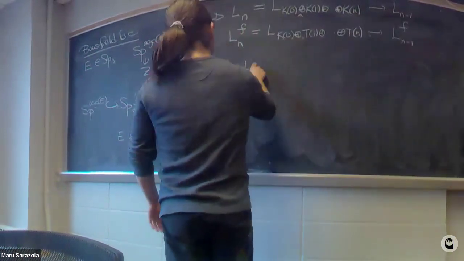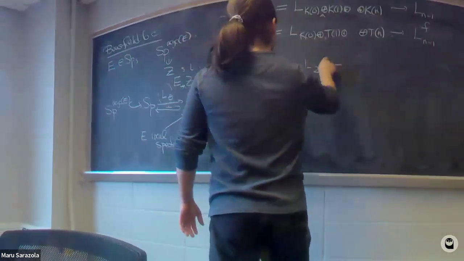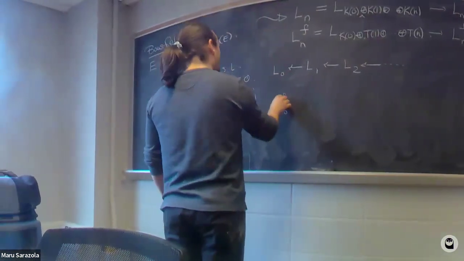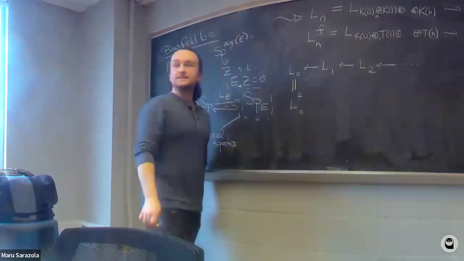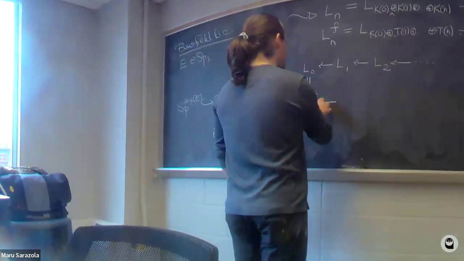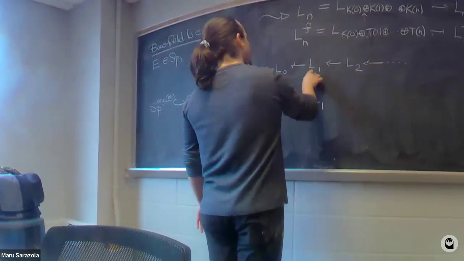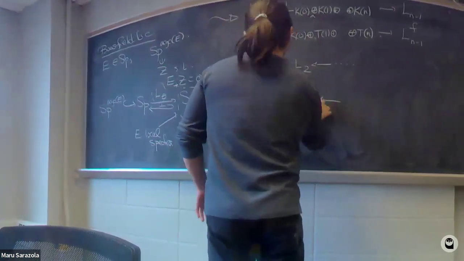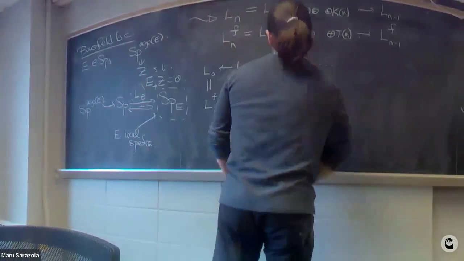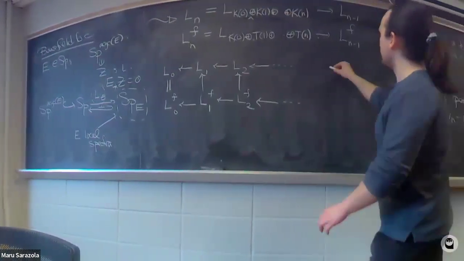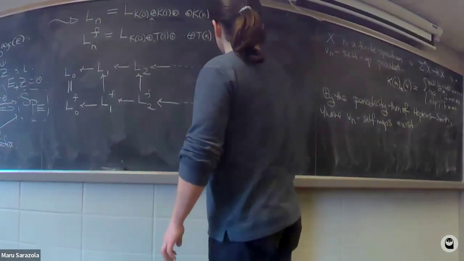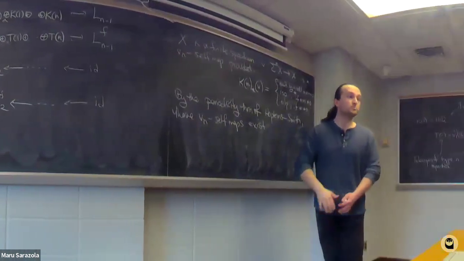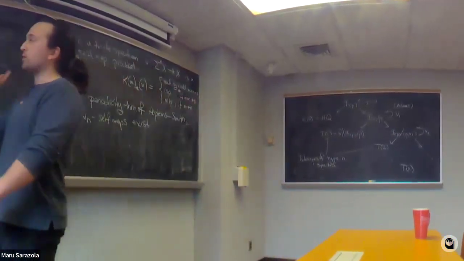So you have something from L1 to L0 to L2, etc. And then you have something like L_0^f, which is tautologically the same as this one. You have L1 going to here, and then you have L2, or sorry, L_1^f, and so on. And the idea is that you've got over here the identity functor on spectra, so that when you plug a spectrum into this, you get a big tower of things.